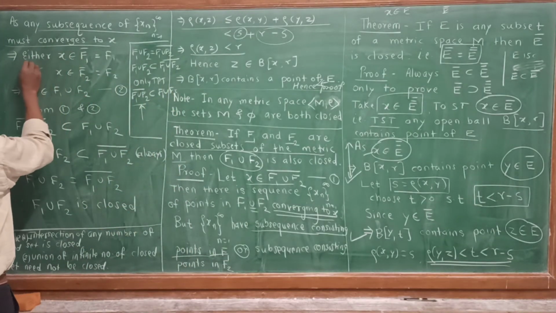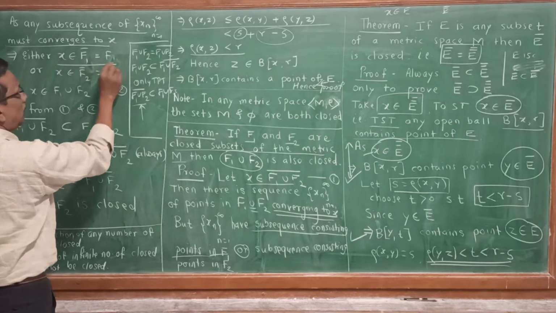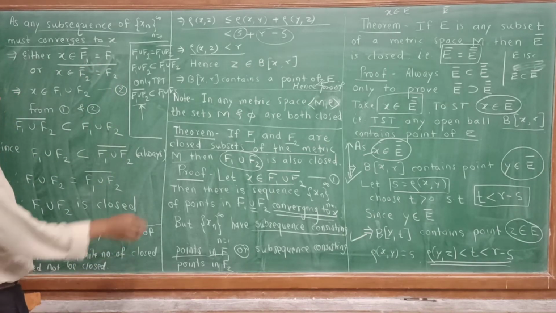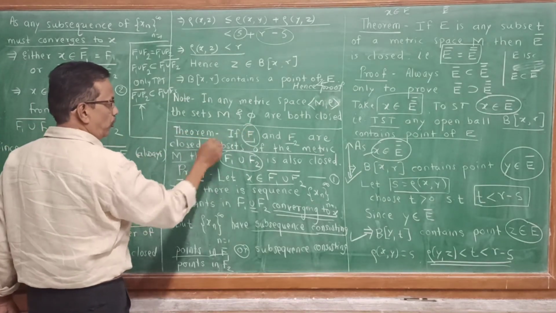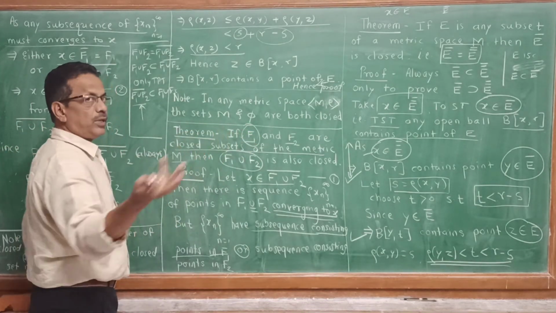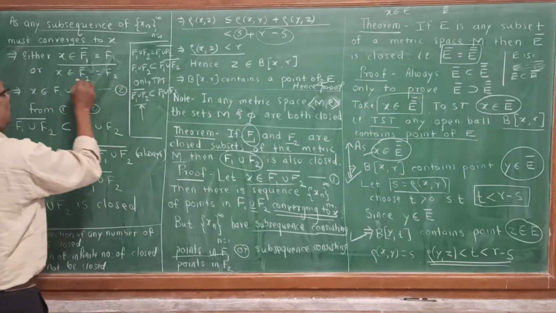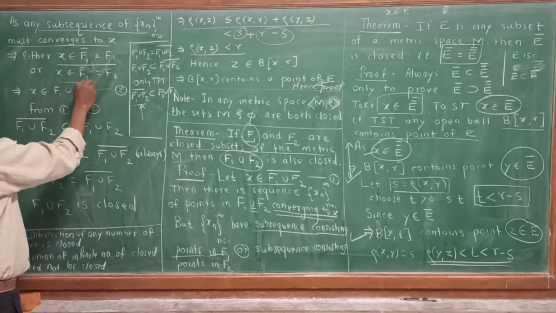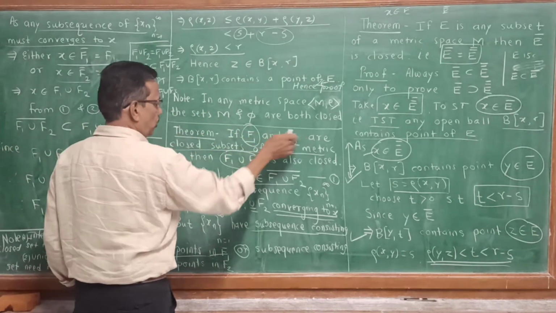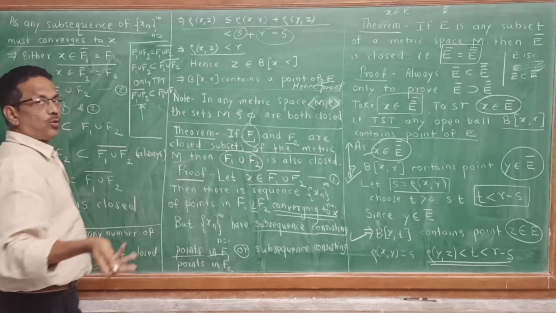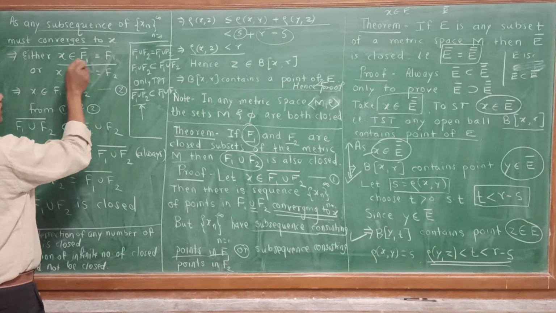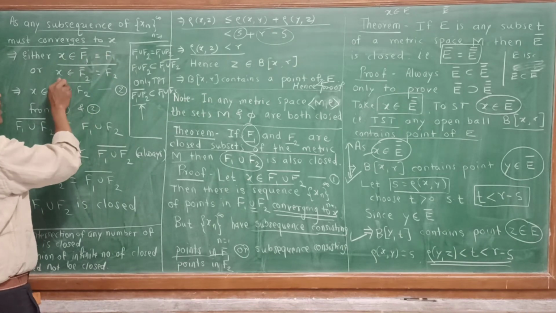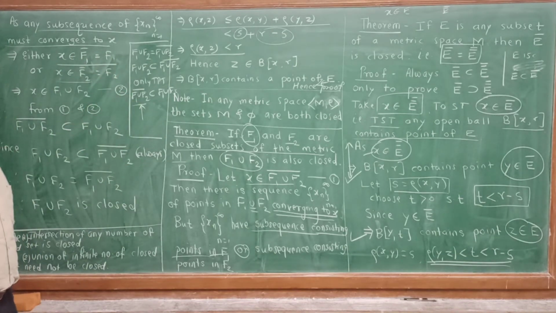It means either x belongs to F1 bar, which is F1 because F1 is closed. We are given F1 is closed, and F1 is closed means F1 is equal to F1 bar. Similarly, x belongs to F2 bar, and F2 bar is equal to F2 because F2 is closed. Therefore, x is a member of F1 or x is a member of F2.